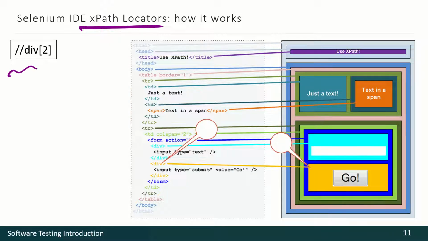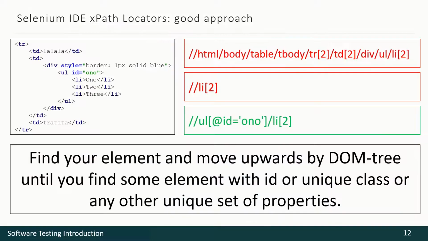XPath locators may look very simple like this, just the second div from all divs in the page. Here is the first one, here is the second one, so yes, here it is. But both such and such XPath locators are bad, and such locators are good. Why is it so?